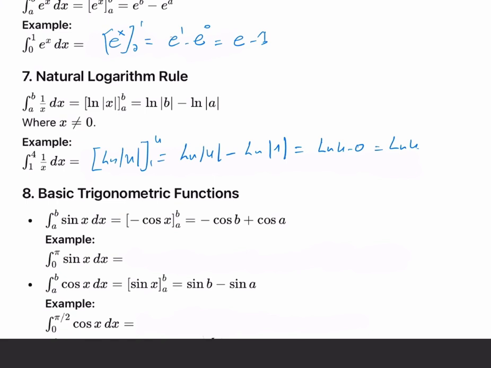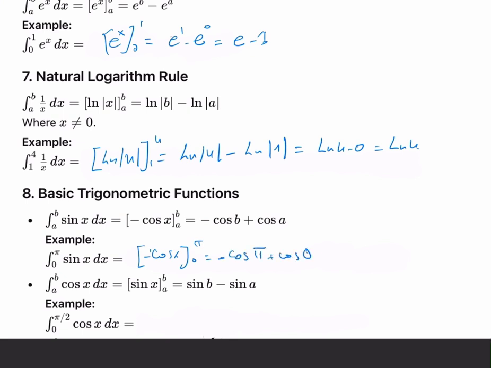Easy example. The integral of sine x in the interval 0 to pi is equal to, I will directly apply that, minus cos x from 0 to pi, which is minus cos pi plus cos 0.